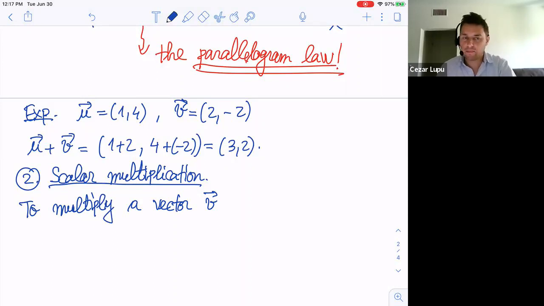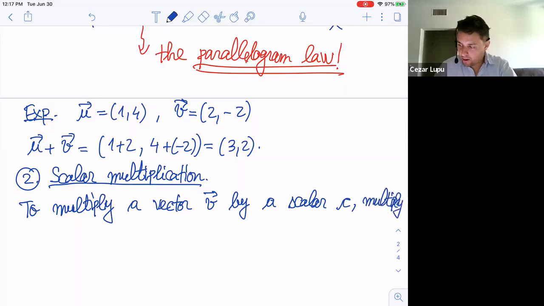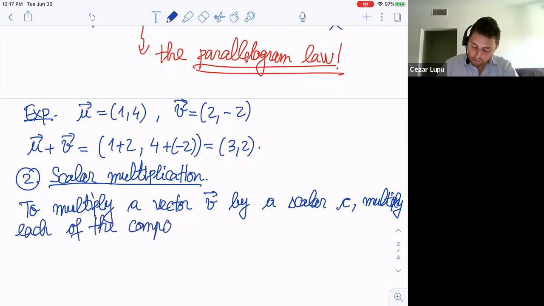If you like the arrow, you can put it; if you don't, it's fine. So to multiply a vector v by a scalar c, we multiply each of the components of v by c.